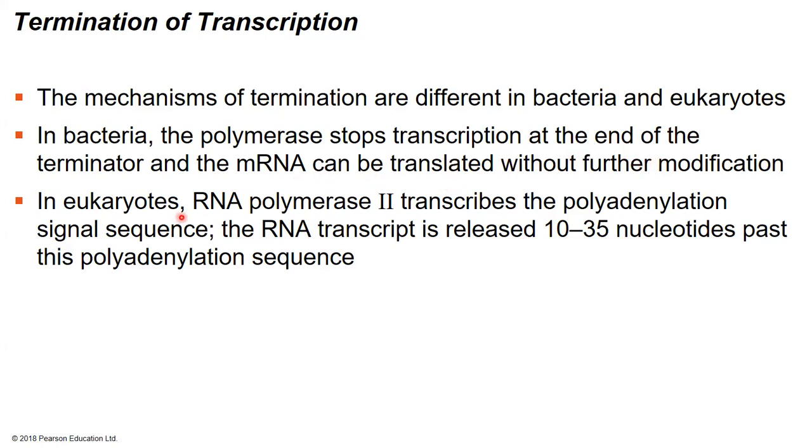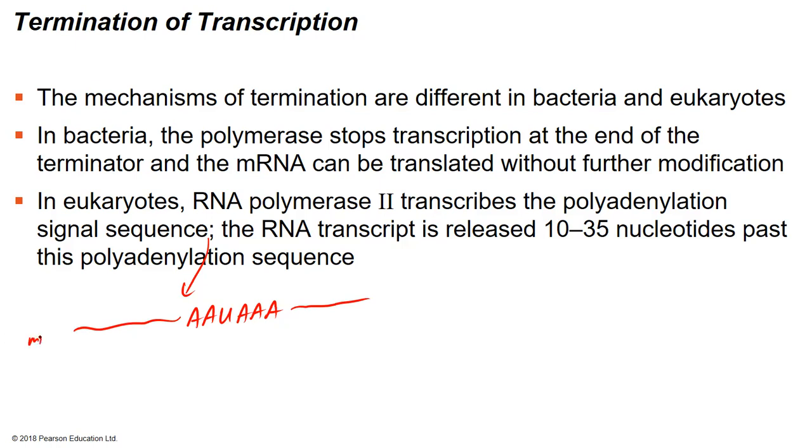In eukaryotes, the RNA polymerase will transcribe a polyadenylation signal sequence. The RNA polymerase will keep transcribing at the end of the gene until it transcribes a polyadenylation sequence. This polyadenylation signal has the following sequence: A, U, A. Of course, this will be on the mRNA.